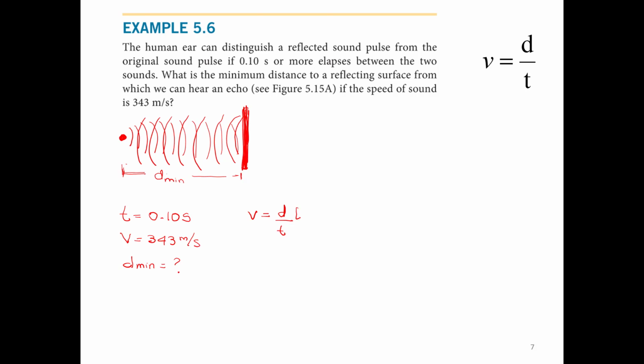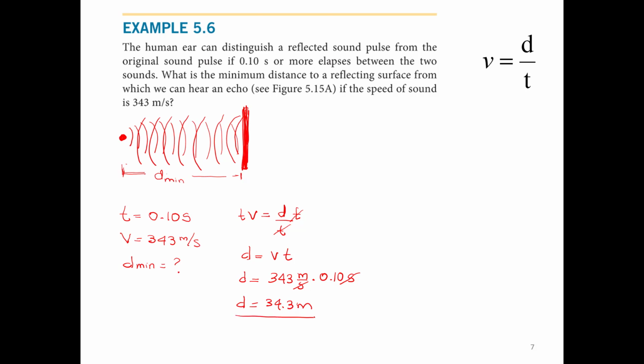And we want to solve for the distance. Then distance equals the velocity, 343 meters per second, multiplied by the time, 0.10 seconds. Here we have 34.3, and let's see the units. The seconds cancel out, then we have meters.